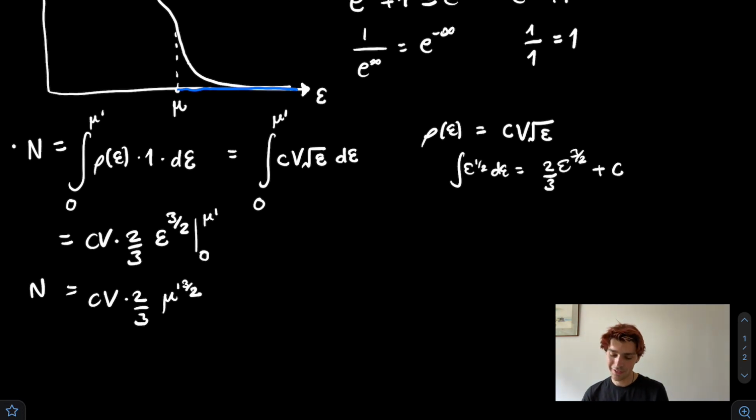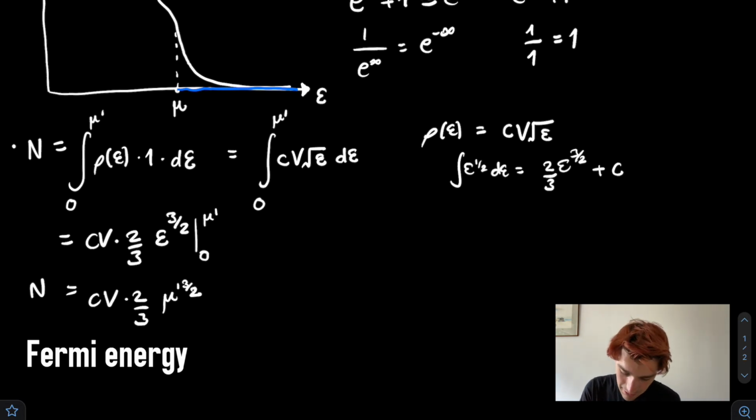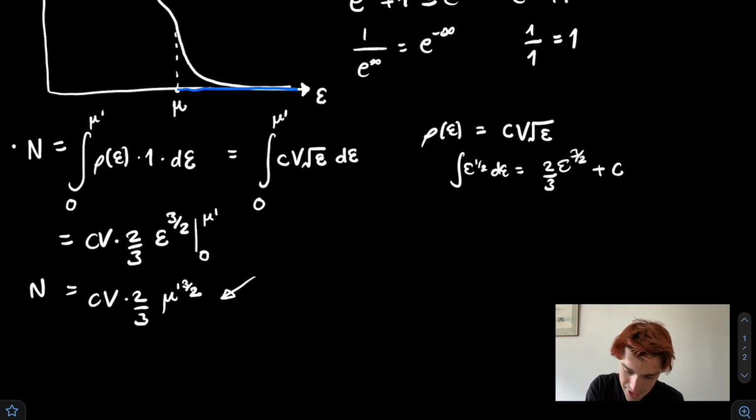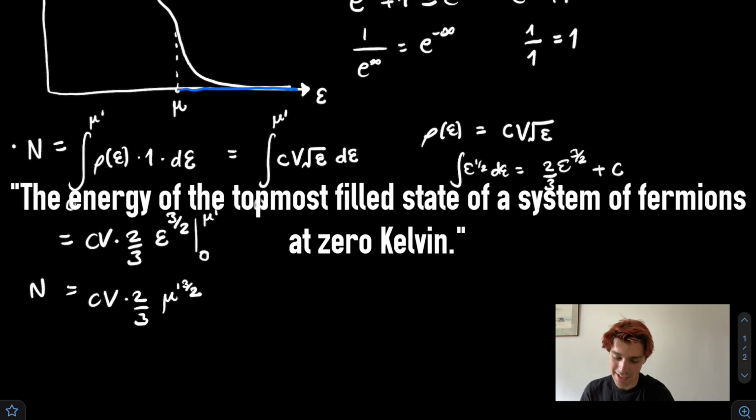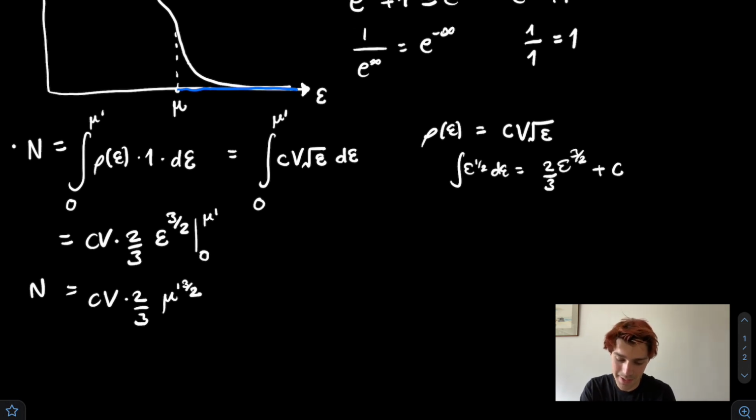And now I can finally reveal what this cutoff energy is called. This is called the Fermi energy right here. So mu dash has got a special name. It is known as the Fermi energy, and it is defined as the energy of the topmost filled state of a system of fermions at 0 Kelvin, which is exactly what we see in the graph right here.